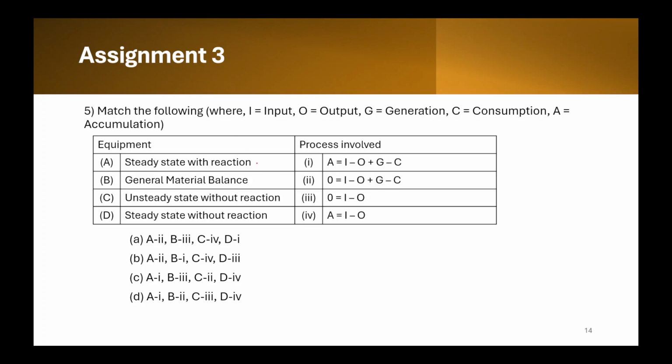Steady state with reaction will be the second option. Because the accumulation term is 0, reaction is there, so the generation and consumption terms will be there, and input and output terms will also be there. So it will be the second option. Steady state with reaction, accumulation term will be 0.